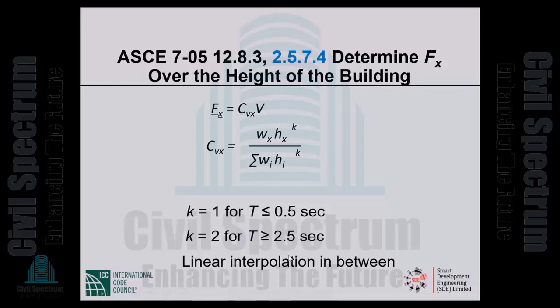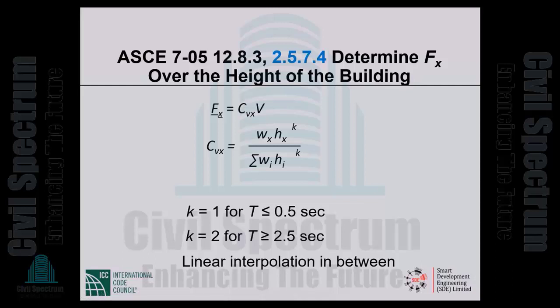K of 2 will give you a parabolic distribution, 0 at the base to a maximum at the top. And we use a parabolic distribution for period larger than or equal to 2.5 seconds. Okay. If the period of your structure is between 1.5 and 2 seconds, we interpolate between a K value of 1 and 2. So we will get something between a linear and a parabolic distribution.